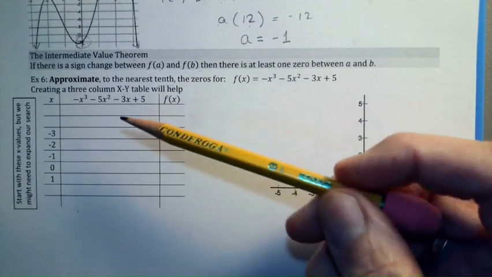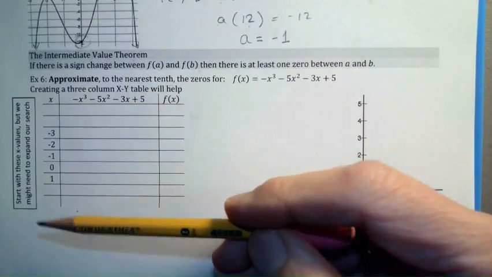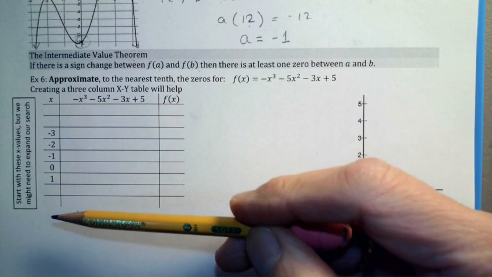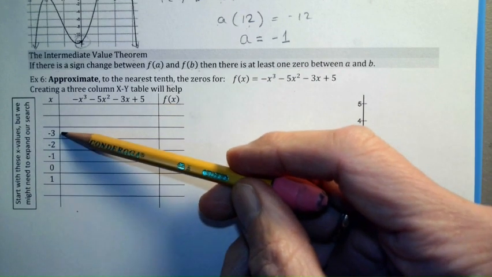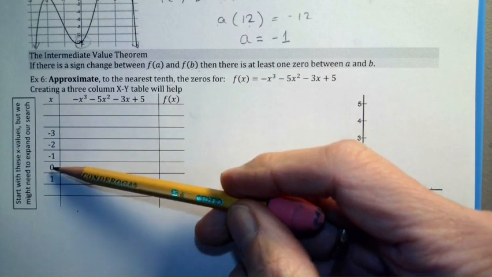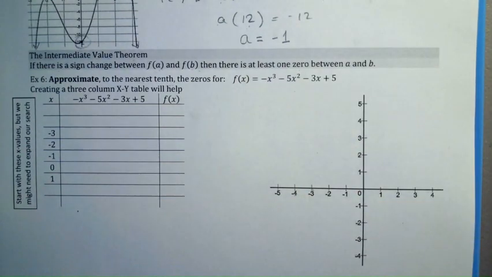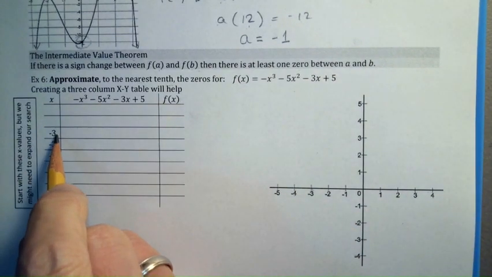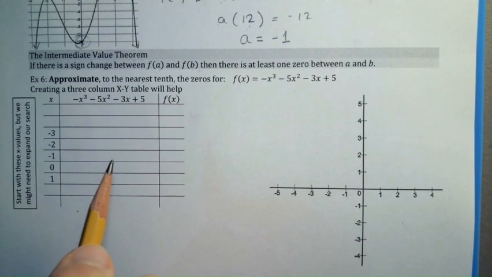All right, so I sort of set this up. It'll make more sense for why we set it up this way in a minute. But you can see I started with -3, -2, -1, 0, 1. So those are not bad values to start with, and then maybe a 2, or we'll see what's going on with these values. So if we plug a -3 in, now you're going to use your calculator for this.